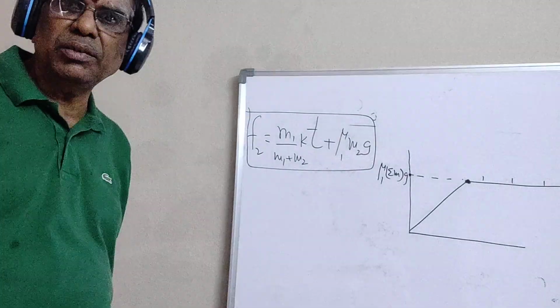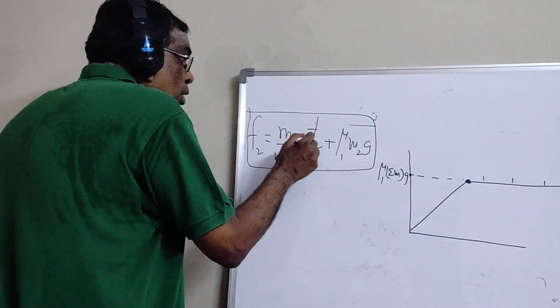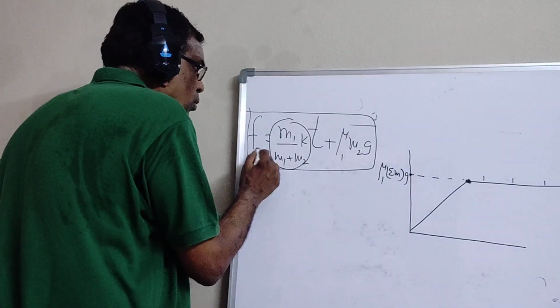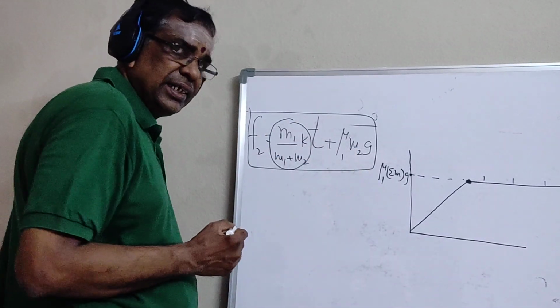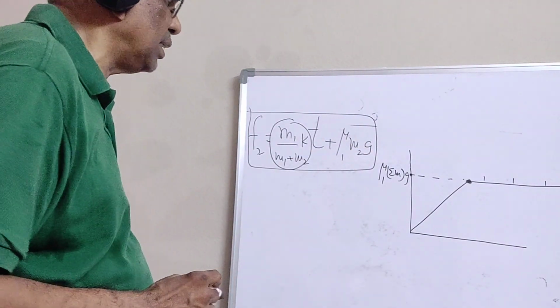Mu1 into M1 plus M2 into G, that is 1, 1, 1. But F2, what is the slope? Y is equal to mx plus c. If t is 0, this is a positive intercept.